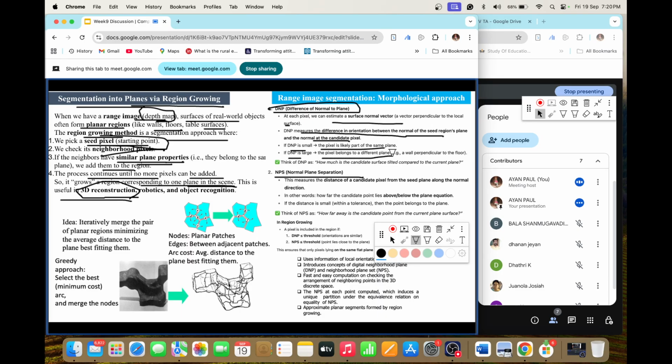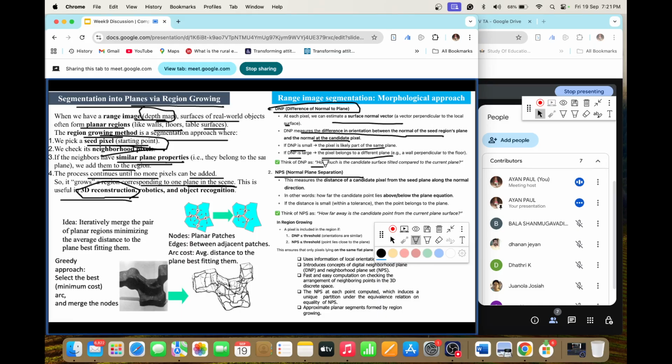So here we are checking: first, we take the seed point, and we check the neighbor. If the neighbor has a similar surface normal, then we say that both belong to the same plane. Otherwise, we say it does not belong to the same plane.